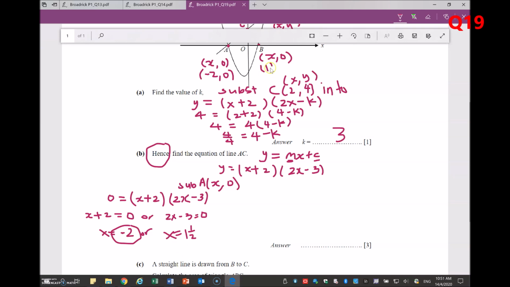So the coordinates of B is 1.5, 0. So A is negative 2, 0. After knowing the coordinates of A, I'll be able to find the gradient of the line AC. So let's work out the gradient of line AC.